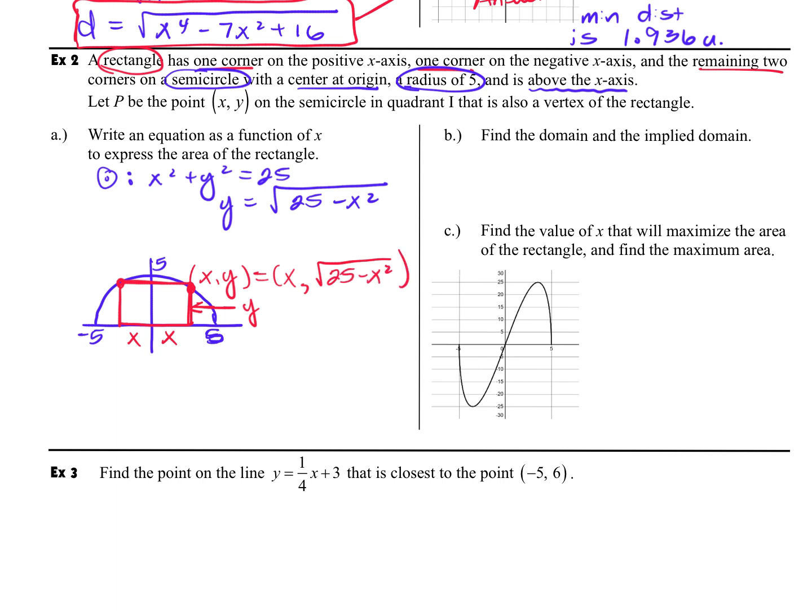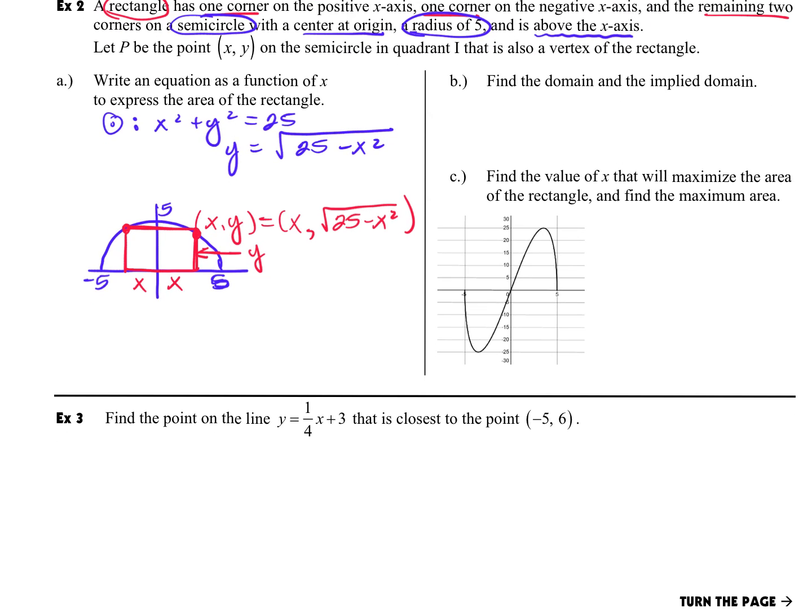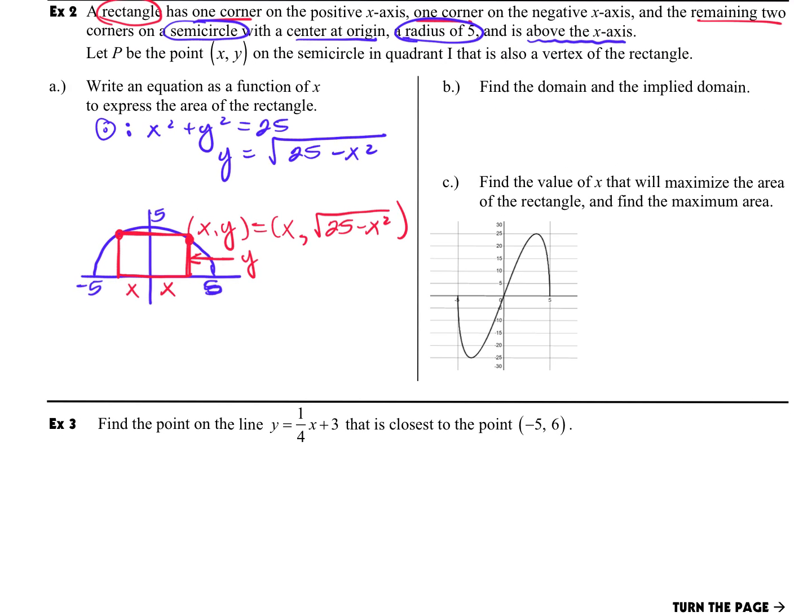Now this one looks more complicated than the other one, but weirdly this one turns out to be a whole lot easier, because the area of my rectangle is going to end up being length times width. That means my area has to be a function. I'm going to say A of x to remind me it's an x value. The length is 2 of these x's long because it's on both sides, so 2x.